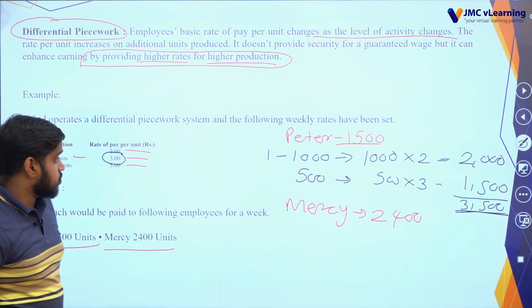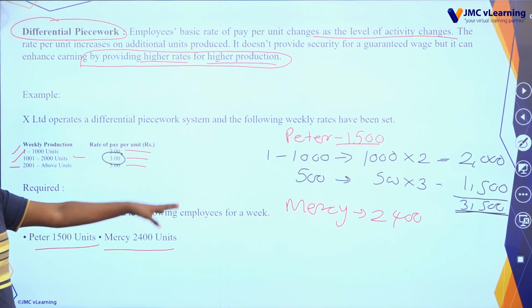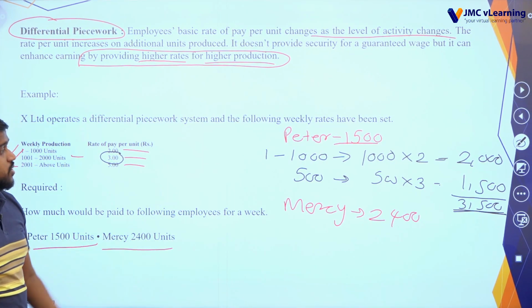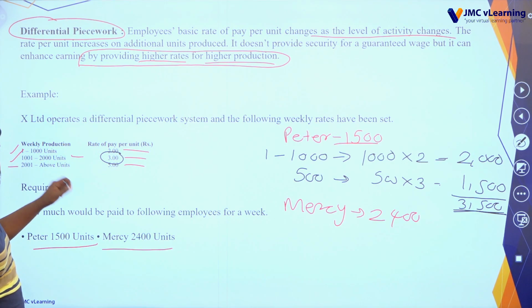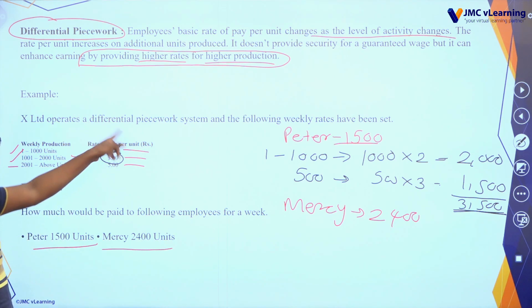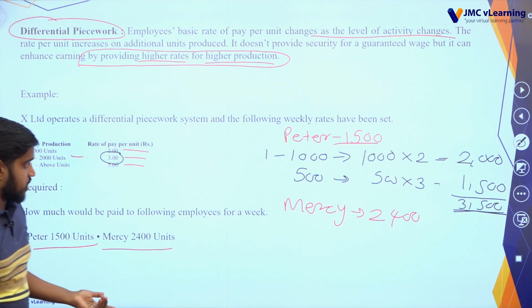Then when we come to Murky, he produced 2,400 units. As per the rates set, from 1 to 1,000, this employee is eligible to get 2 rupees per unit.